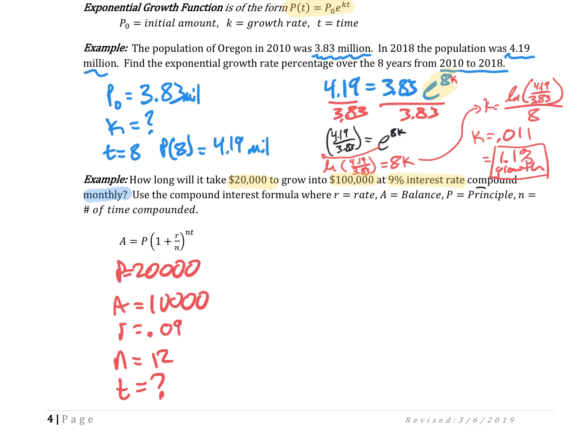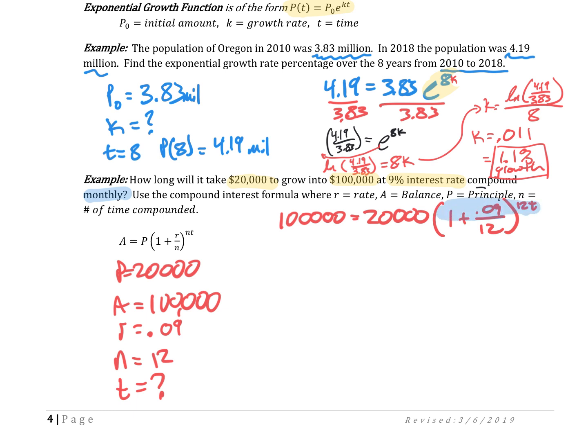So let's substitute everything we know here. We've got, I missed a zero there, $100,000 is what we want, equals the principal, $20,000, times 1 plus the rate, 0.09, divided by 12, and all that to the 12t power. The thing we don't know is t, time. Well, let's solve this.